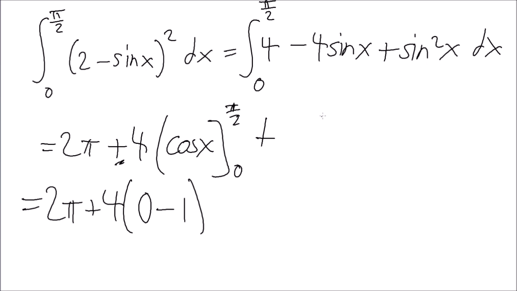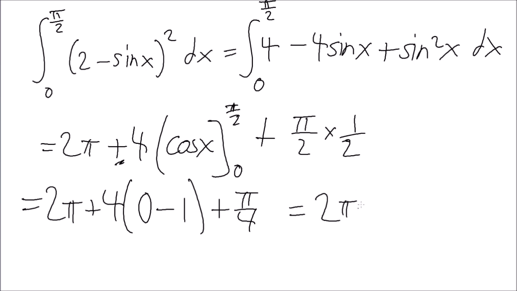Now we can do Wallis' product. Because it's 2, it's a half times pi over 2, and we stop here because it's 2. So this is equal to pi over 4. I hope I did this correctly. But then our answer would just be 2 pi plus pi over 4 minus 4.